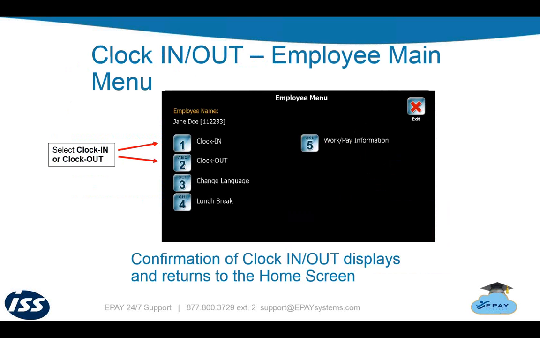And from here, they would get their employee menu. The employee main menu basically has these 5 options: to clock in, to clock out, change language, lunch break, and work pay information. It's a pretty basic screen. They would just need to select what they're doing, either they're clocking in or clocking out.